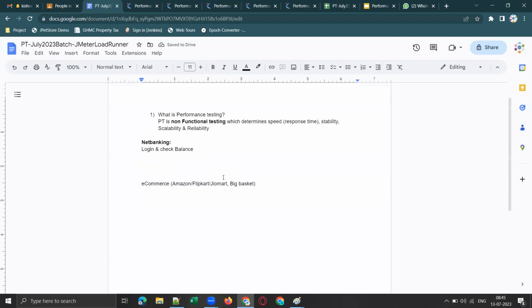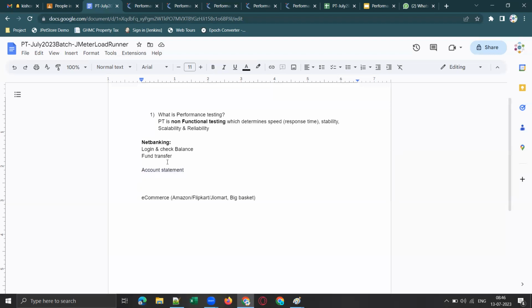Login and we check our account balance. Funds transfer, money transfer. Yes. Account statement. Account statement is not something which we do regularly, but that is one of the important business flows. I'll put it as a last point.